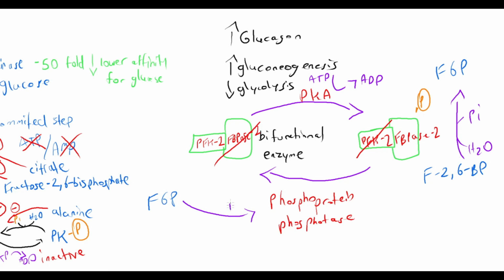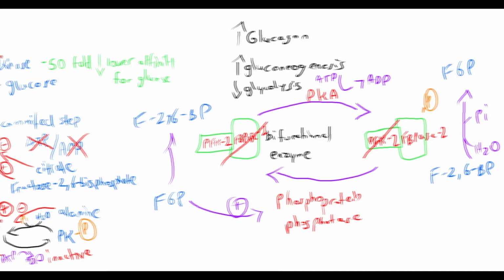And fructose 6-phosphate, not only does it convert to fructose 2,6-bisphosphate, it can also activate phosphoprotein phosphatase so that you get more PFK-2 and more of it is converted into fructose 2,6-bisphosphate. And what does this fructose 2,6-bisphosphate do? Well, we talked about it before.